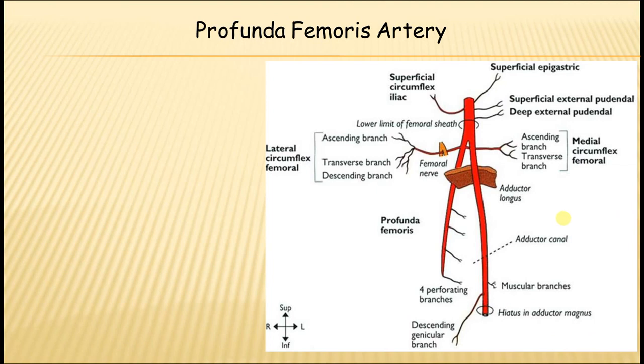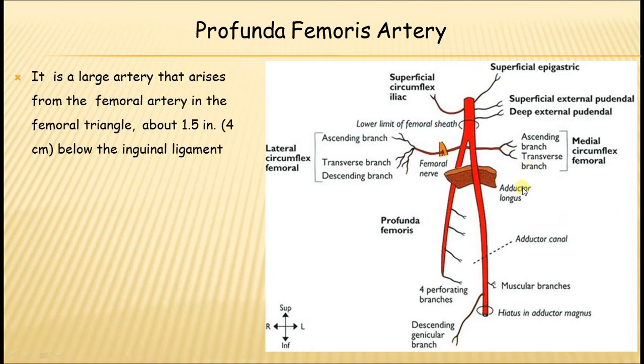So now coming to the artery, the chief arterial supply to the medial compartment of the thigh is by the profunda femoris artery. So approximately it arises 3.5 centimeters or 1.5 inches below the inguinal ligament.